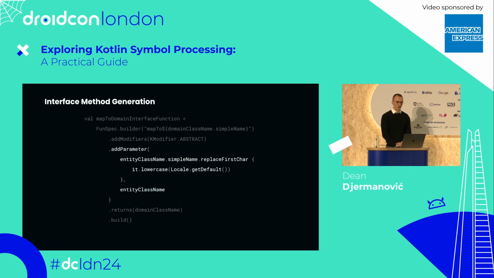A parameter consists of a parameter name and a parameter type. The type of the parameter is the type of the class from which we are mapping. We also have to specify a return type, and the return type is the type of the class to which we are mapping. And finally, we call the build function on the FunSpec builder to get the actual FunSpec instance.